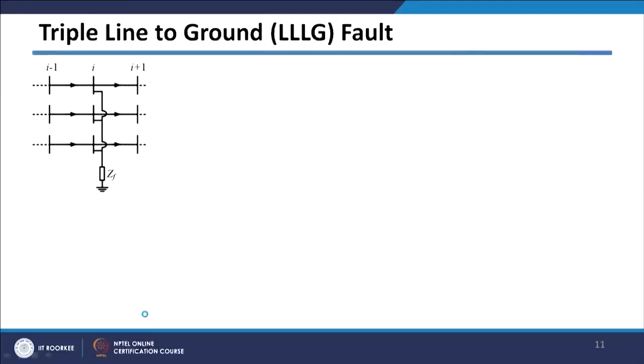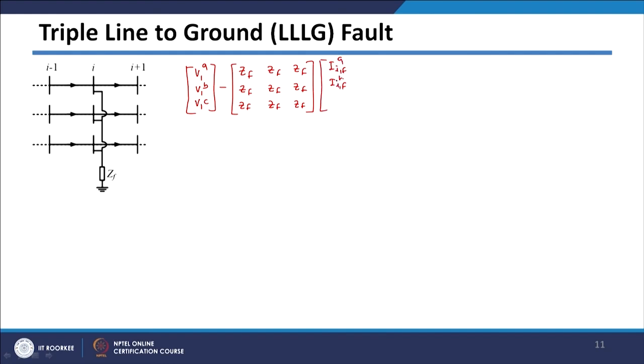If you simplify this equation here, you will get V1A, V1B, V1C equal to minus the ZF matrix, 3 by 3, and this is getting multiplied with the fault current of A phase, fault current of B phase and fault current of C phase.